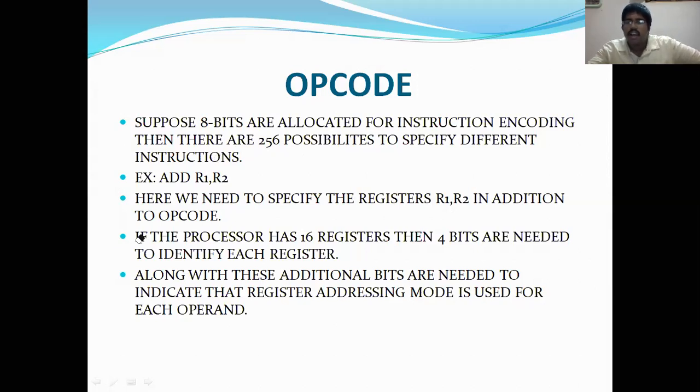Next, if I have 16 different registers, for accessing those 16 registers I need 4 bits. If I have 32 different registers, for accessing all 32 I need 5 bits. That means if I have n registers, I need log n to the base 2 bits. That is what was specified here.